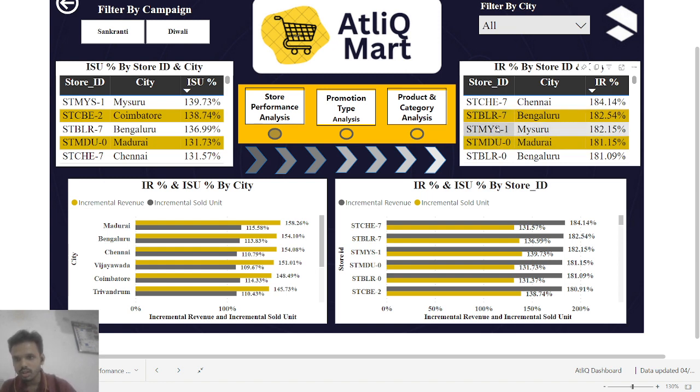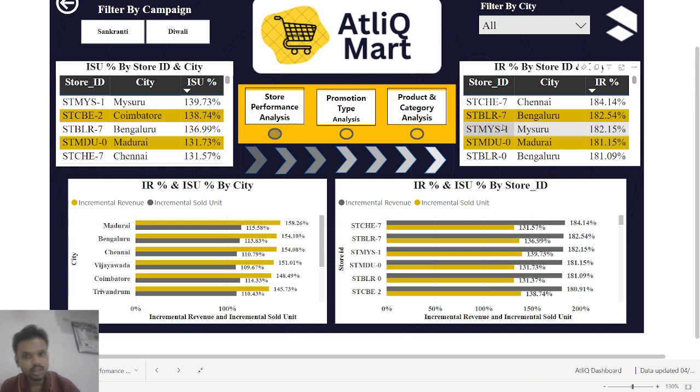So we can conclude that this store gives good ISU percentage simultaneously with good IR percentage.